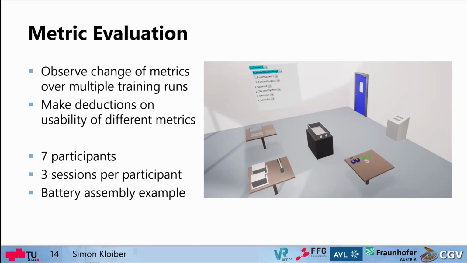For this, we had 7 participants who performed 3 sessions, so 3 runs per participant, and they performed our battery assembly example that you've seen throughout the talk already. Here in the back, you see our task panel showing the user where they are in the task, in the session, and the materials to assemble here on this table.